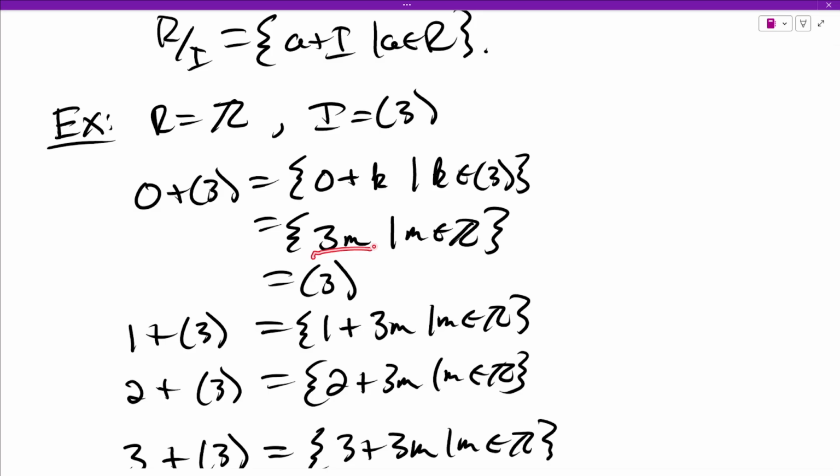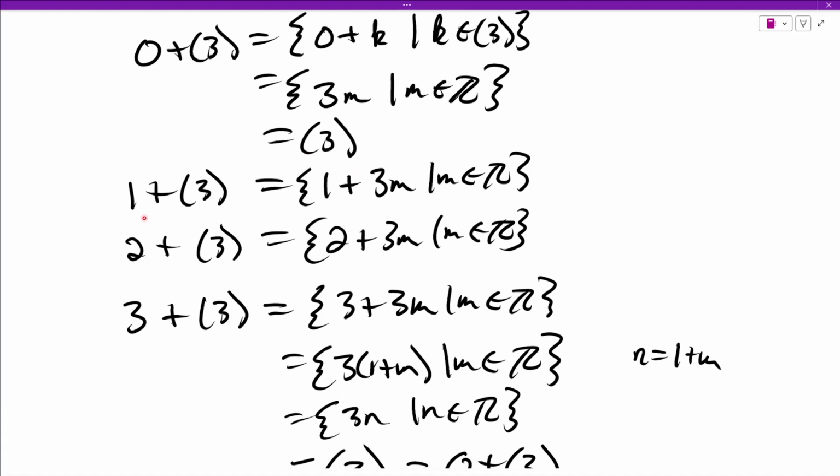It has to be a multiple of 3. So this is just the multiples of 3 themselves, and we get 3Z. One way to interpret this is we take the element 0 and we throw it into the ideal using plus. But this is an ideal. It already has 0. So throwing it in doesn't do anything. So 0 plus 3Z remains 3Z.